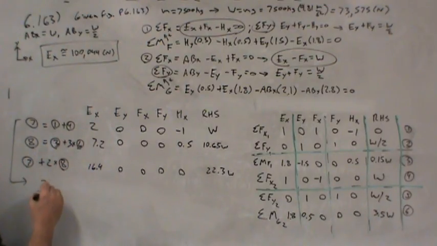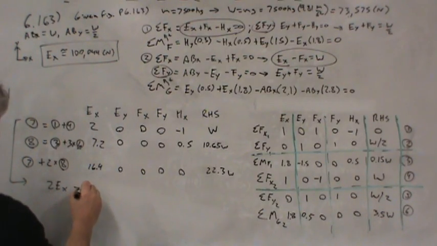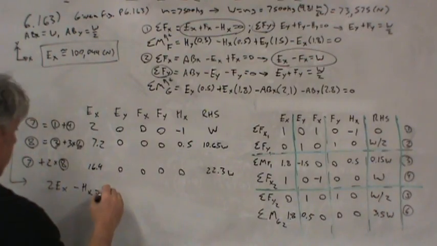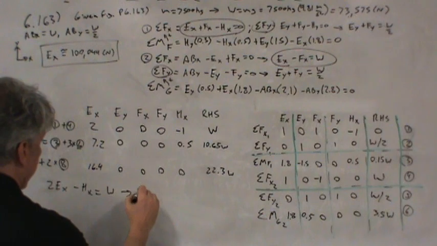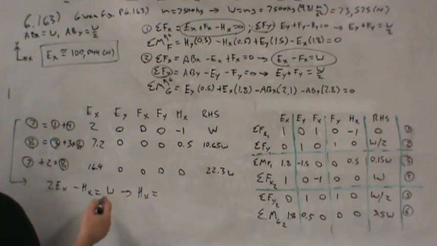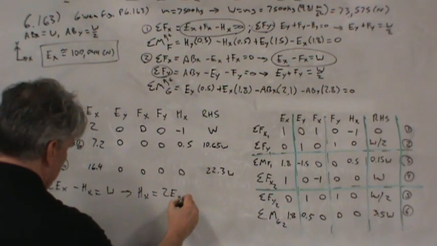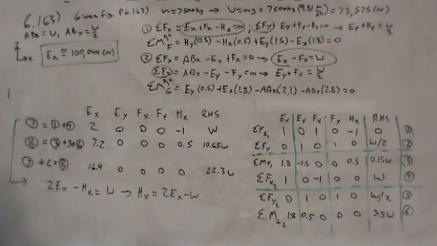Equation 7 says 2EX minus HX equals W. So, if I want to get HX from this equation, all I have to do is take 2EX minus W. Just solving for HX. Put HX on the other side, put W on the other side, there we go.